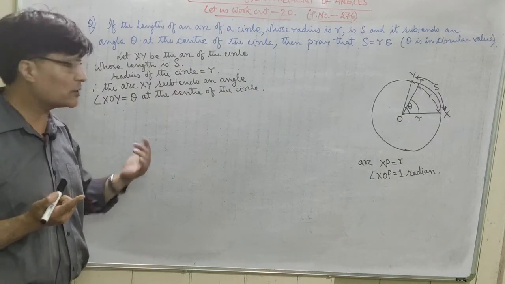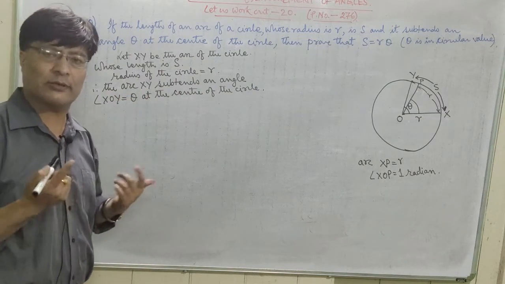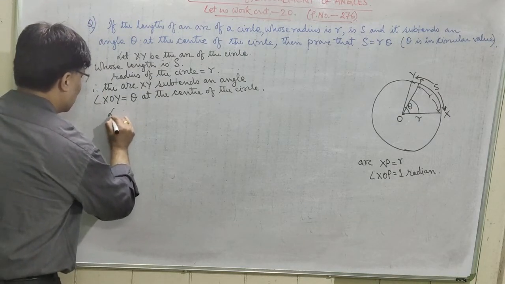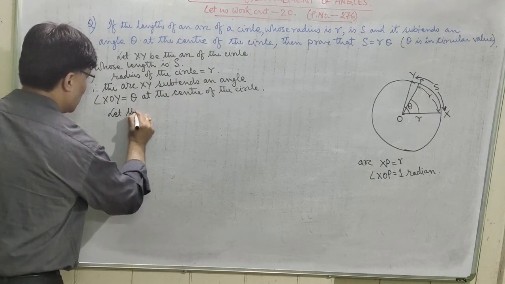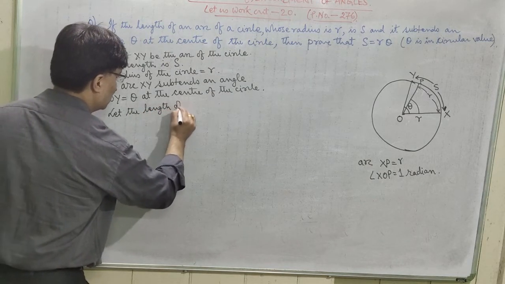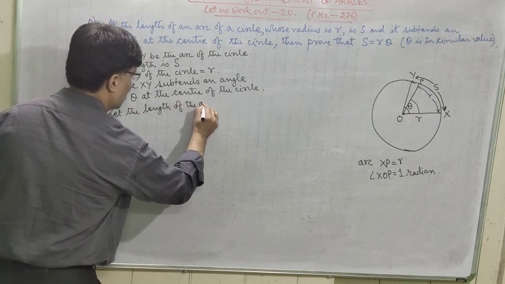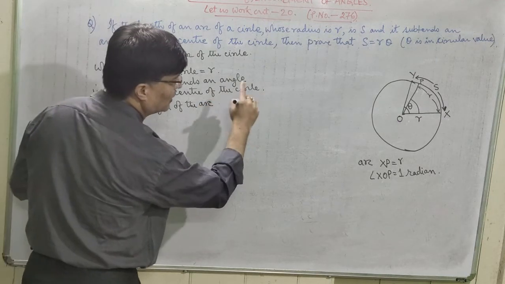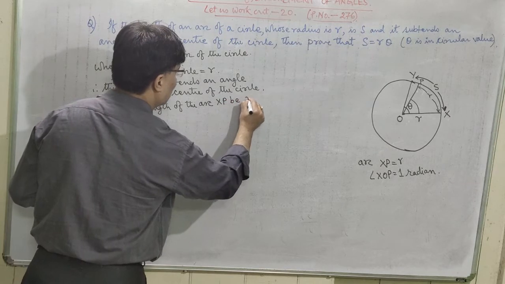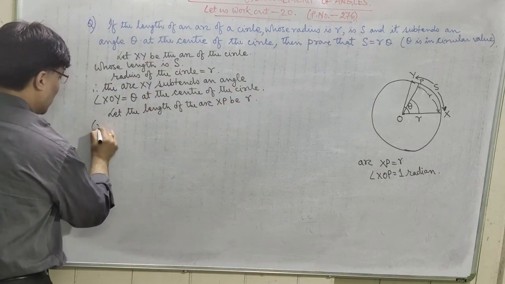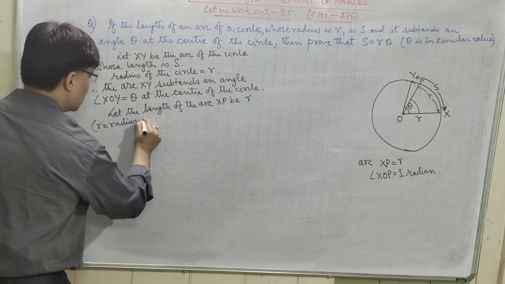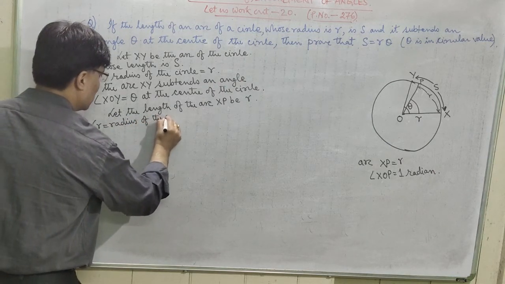Okay, and what is the radius of the circle? That is r. Let the length of the arc XP be r, where r is equal to the radius of the circle.